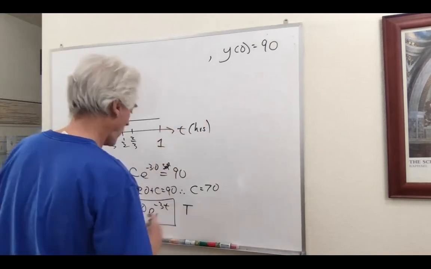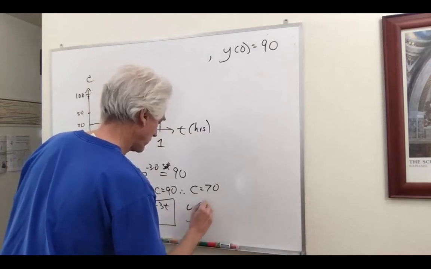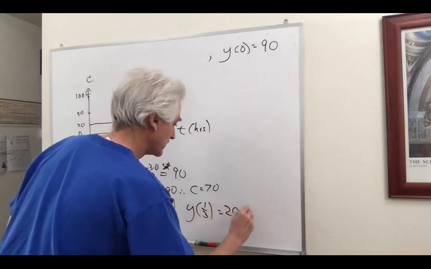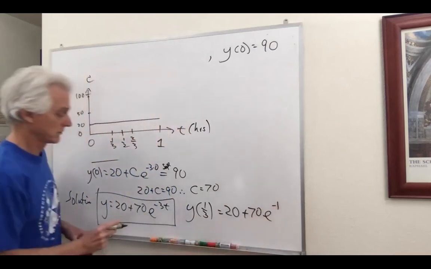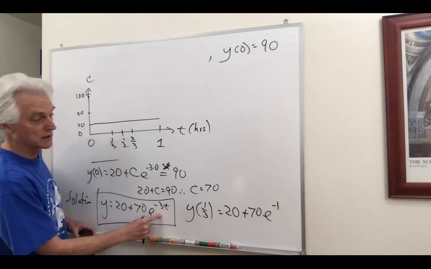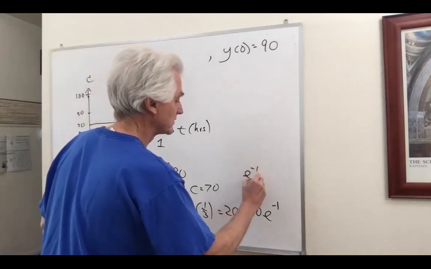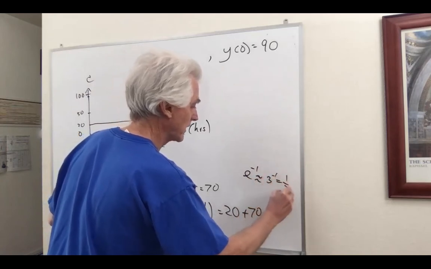So y of a third of an hour is 20 plus 70 times e to the minus 1, because 3 times a third is 1. So e to the minus 1 is about equal to 1/3, right?